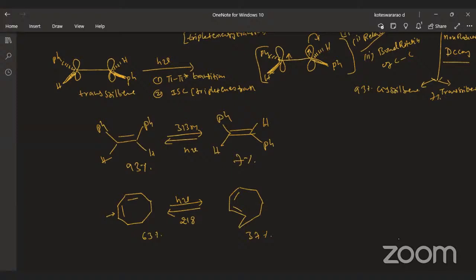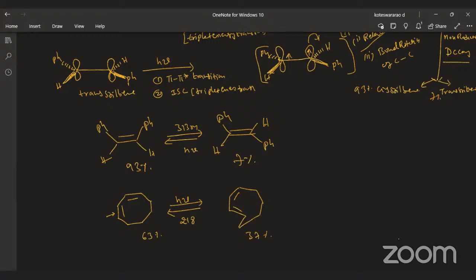The isomer with lower energy will be sensitized and the photostationary state will be reached with the isomer of the higher energy triplet state.